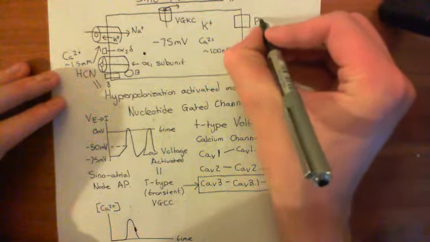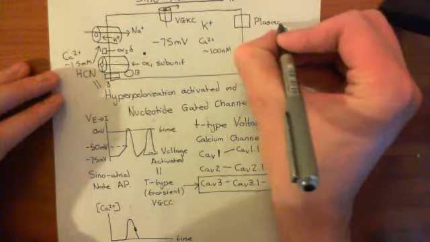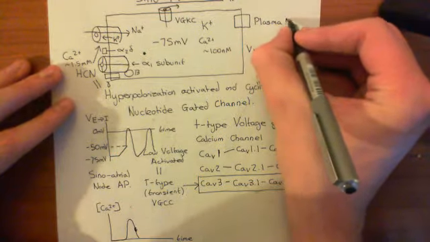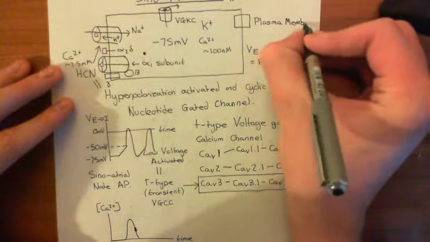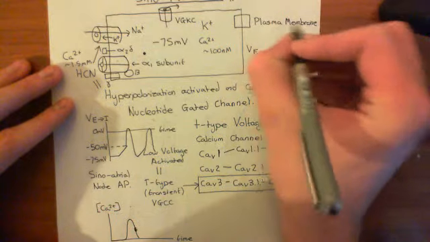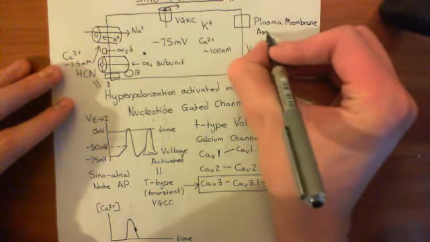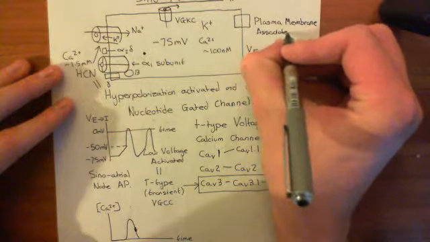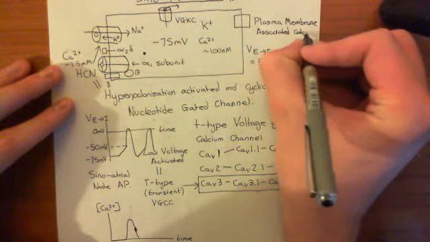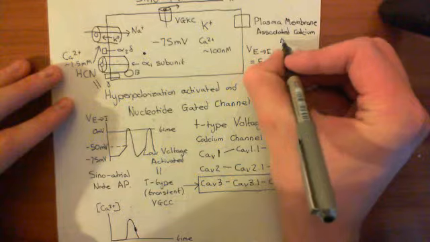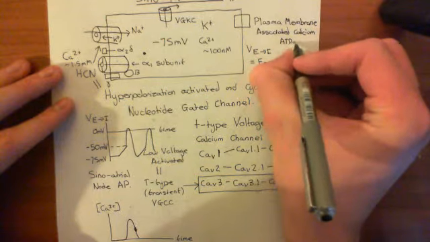One of these is known as the plasma membrane associated calcium ATPase. Basically, this is an active transporter of calcium.